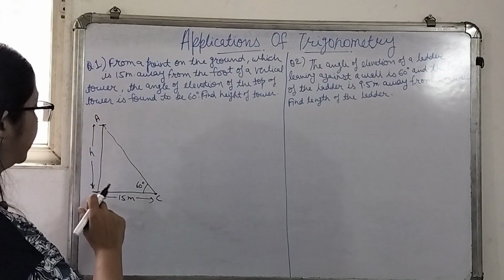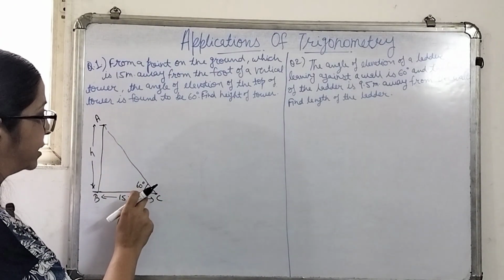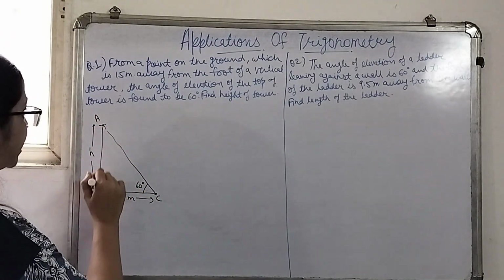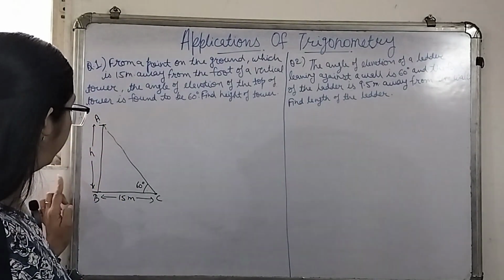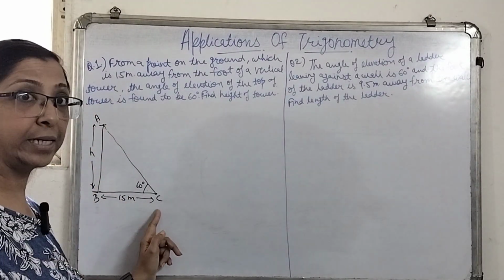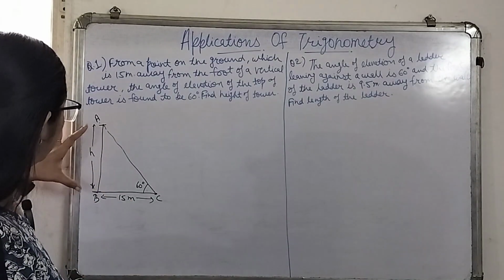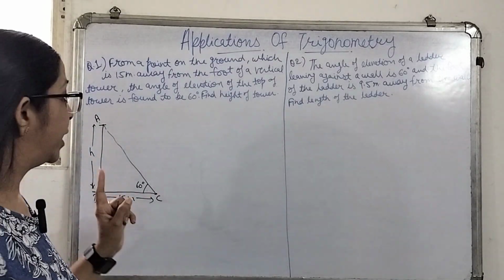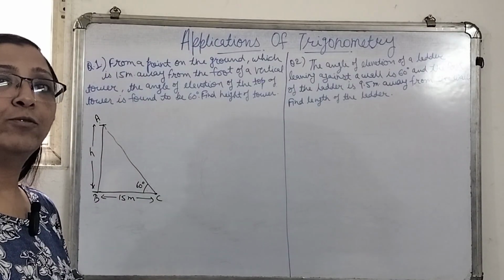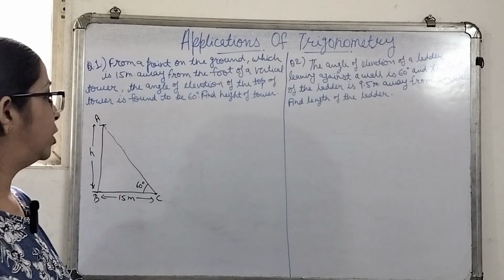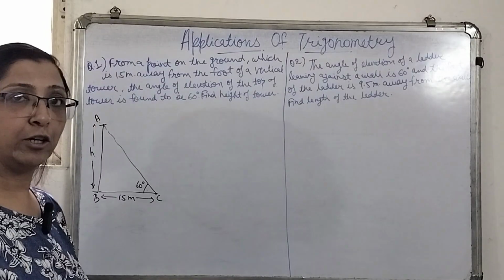Now we have to find h. If this is the angle, then AB is the perpendicular and BC will be the base. So we have to look for a trigonometric ratio in which the perpendicular and base come. We know that for tan theta and cot theta, both the base and perpendicular are used.